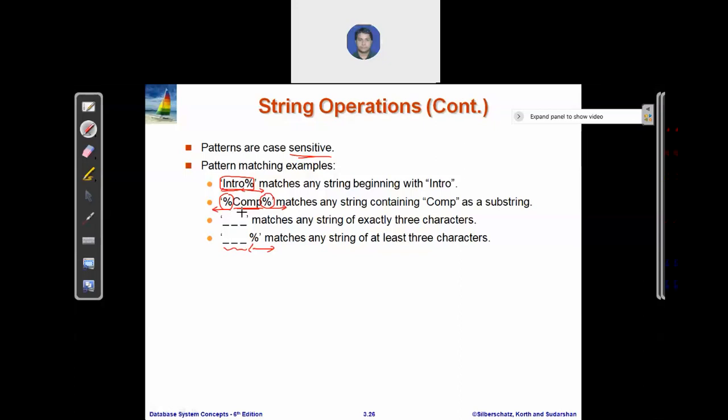Is it clear to all of you, all these 4 conditions? If you write intro percent, the string must start with intro. Percent comp percent means comp must be a substring. If you write 3 underscores, exactly 3 characters should be in your string, and if you write 3 underscores followed by percent, at least 3 characters must be in your string.